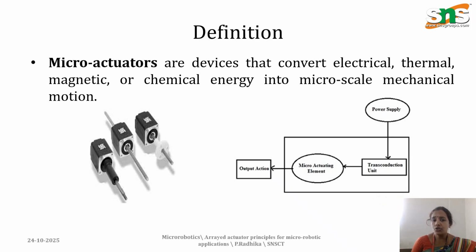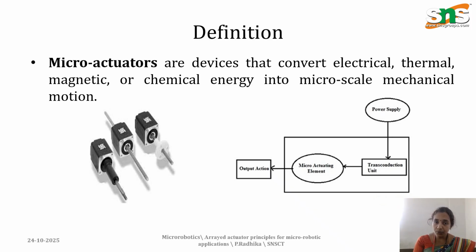Usually the electrical energy is converted into mechanical energy in the case of micro actuators. For example, I have a robotic setup. An object has been sensed by the robot.